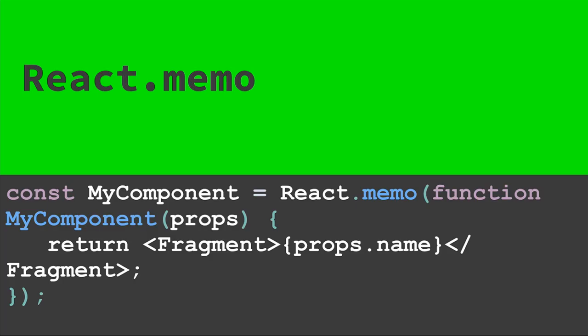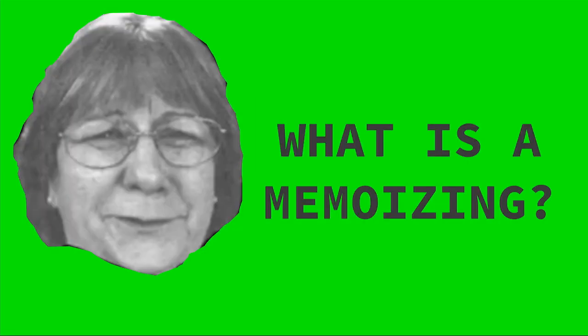For functional components, you can use React.memo. It's a higher order component, and it gives a performance boost by memoizing the results of that function. It's very similar to PureComponent or shouldComponentUpdate, and it also shallow compares variables. What is memoizing? Great question.